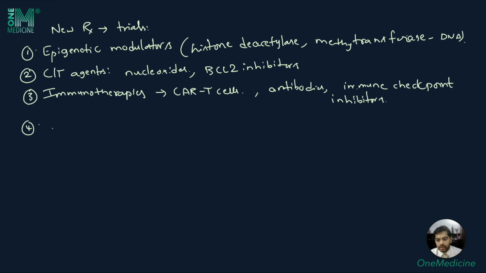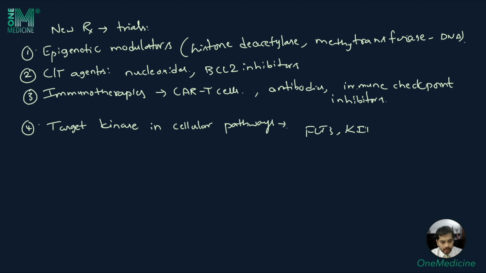Another form of therapy is targeting kinases in cellular pathways, and these include FLT3, KIT, Aurora, and Polo-like kinases.